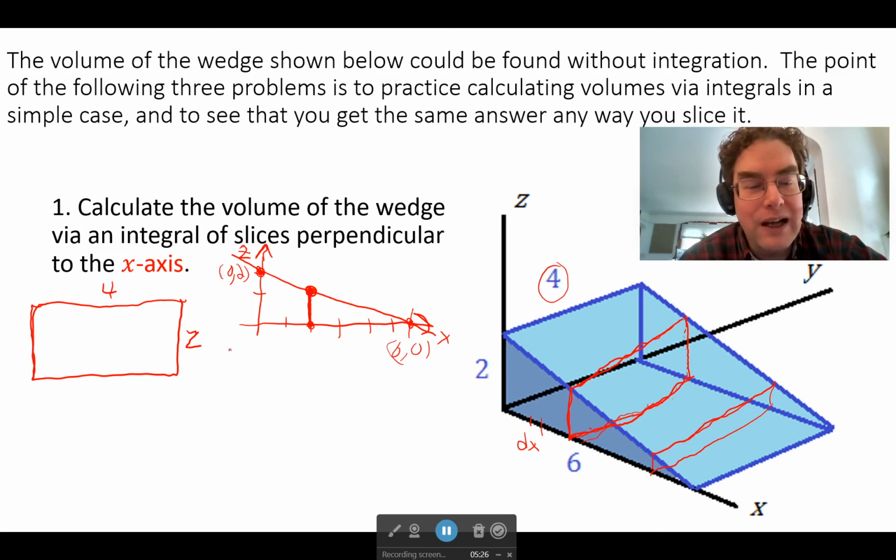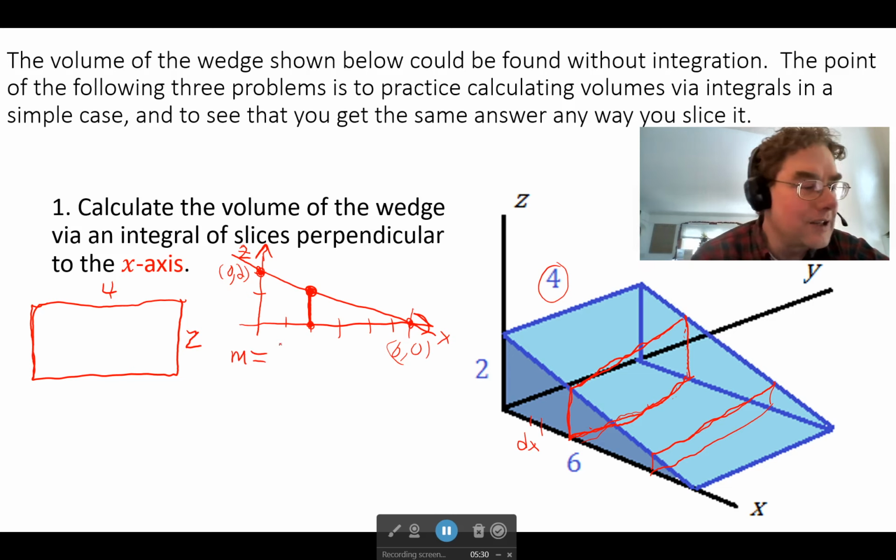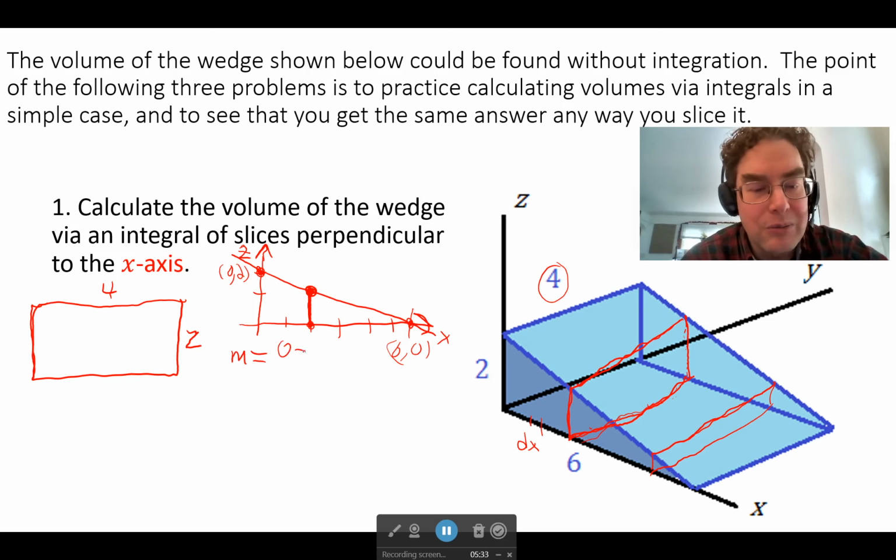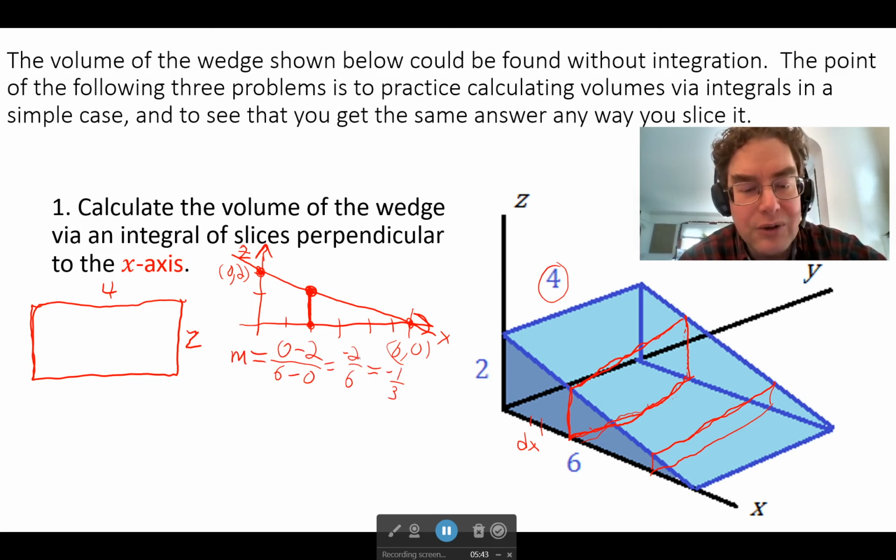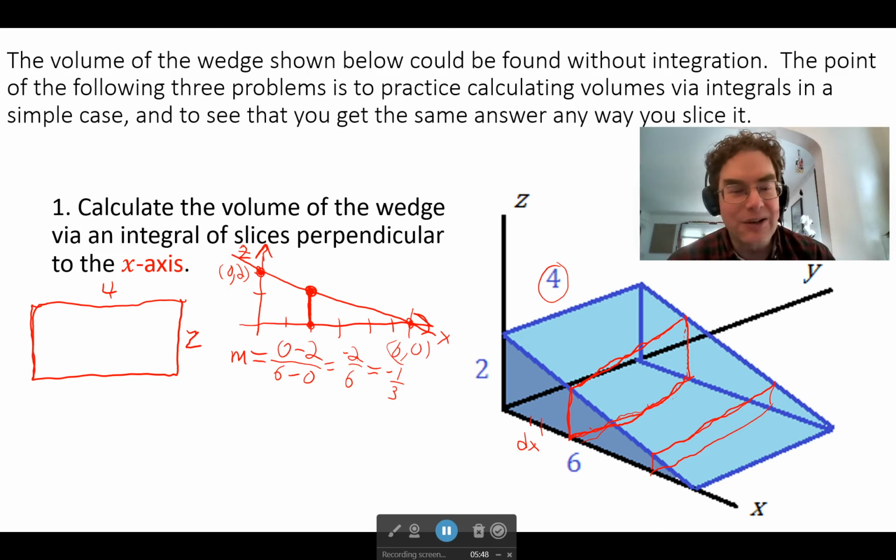To find the equation of the line, first of all, we need the slope. The slope is rise over run, so we could do 0 minus 2 over 6 minus 0, which is negative 2 over 6, or negative 1/3. So the slope of that line is negative 1/3. And we actually have the z-intercept, which is at 2.